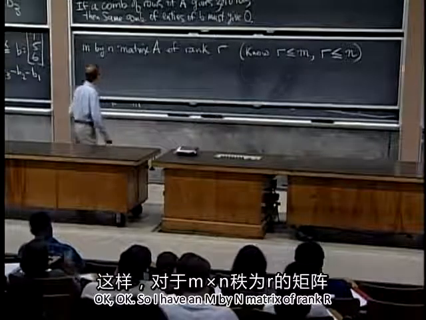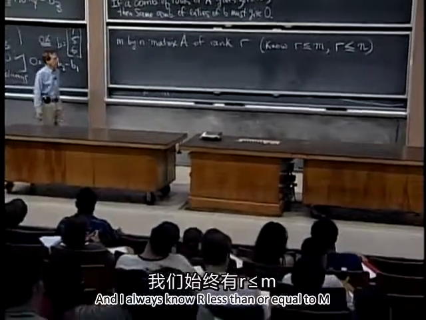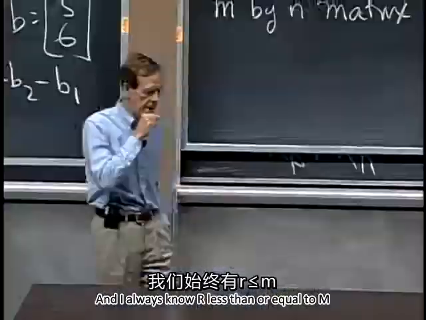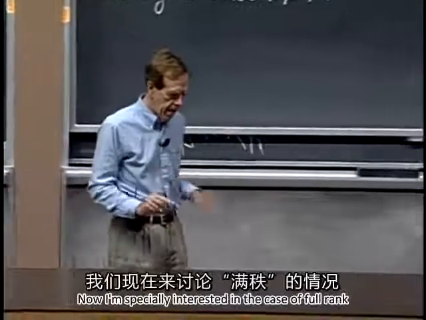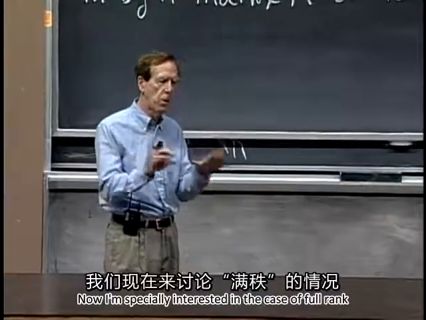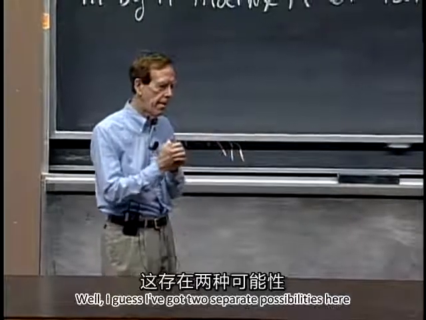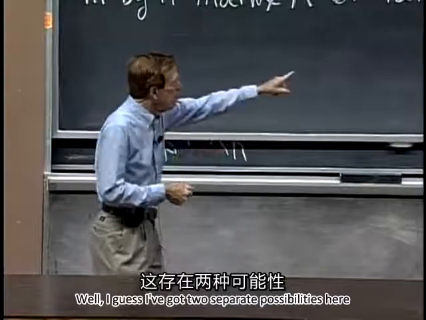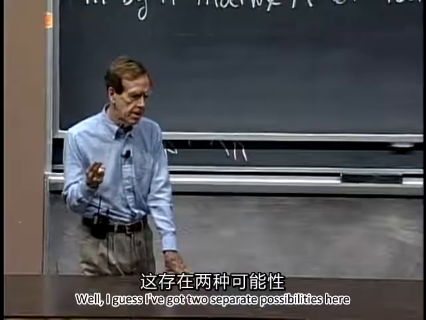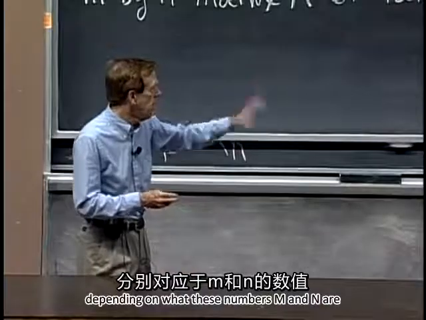Okay, so I have an M by N matrix of rank R. And I always know R is less than or equal to M, R is less than or equal to N. Now, I'm specially interested in the case of full rank, when the rank R is as big as it can be. Well, I've got two separate possibilities here, depending on what these numbers M and N are.